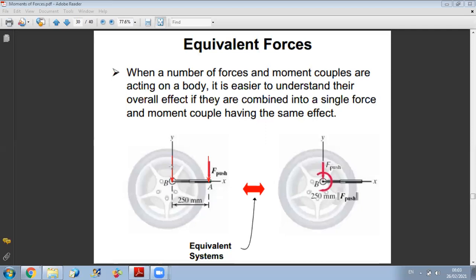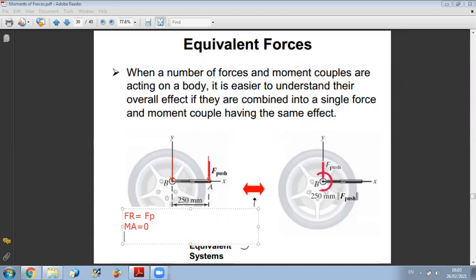For example here, when I move the force from A to B, I should add the moment of the force about B. Why should I do this? Because in this figure, what is the resultant force? F resultant is equal to F that is pushing at A. And if I consider, for example, the moment about A, it is 0.